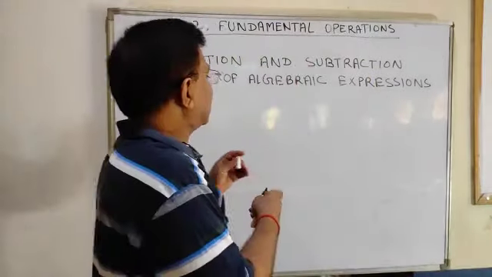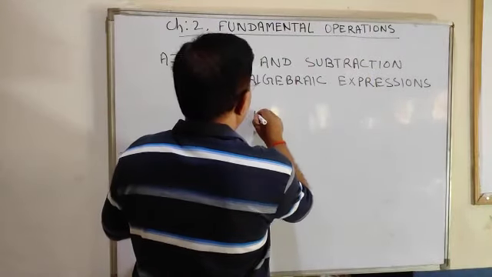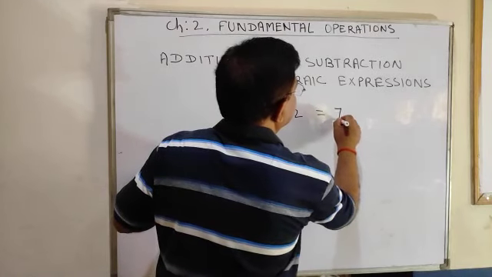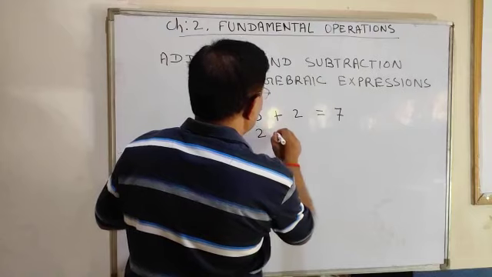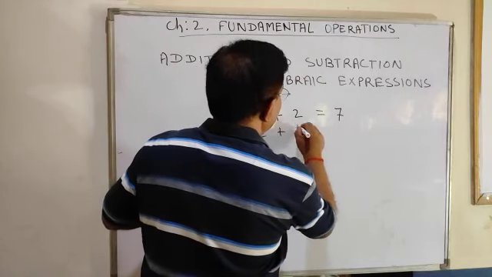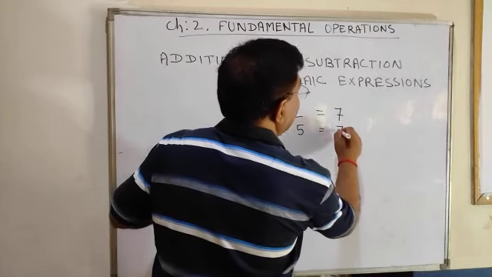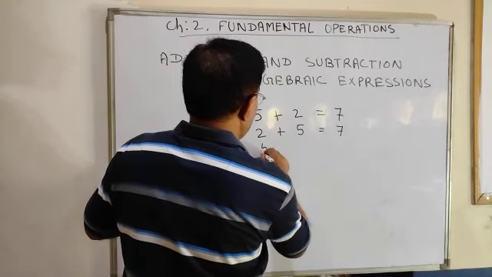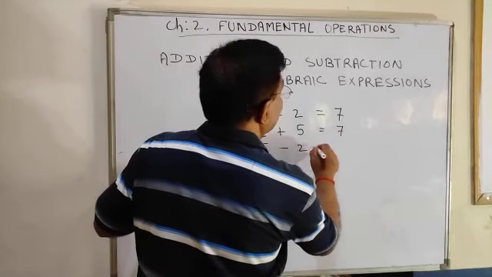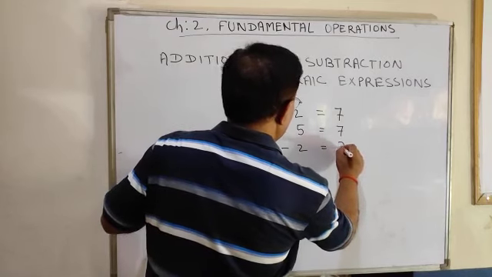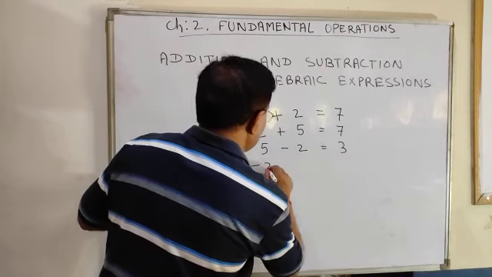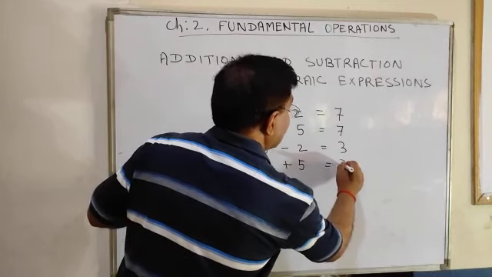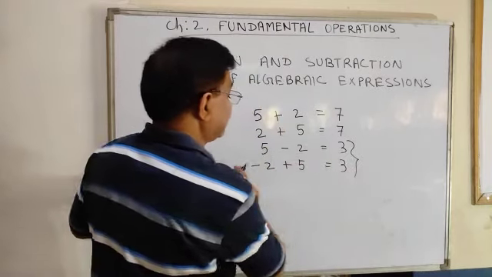In arithmetic, 5 plus 2 is 7, or 2 plus 5, same thing. Now 5 minus 2 is 3, and minus 2 plus 5 is also 3, both are the same thing.